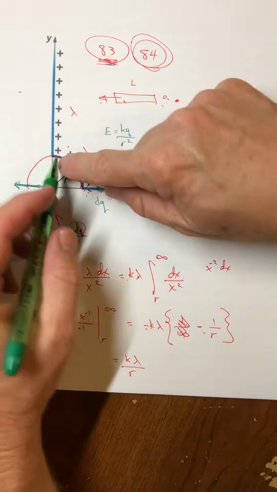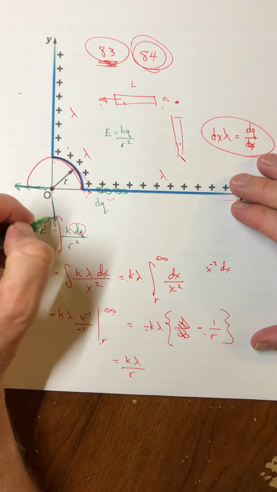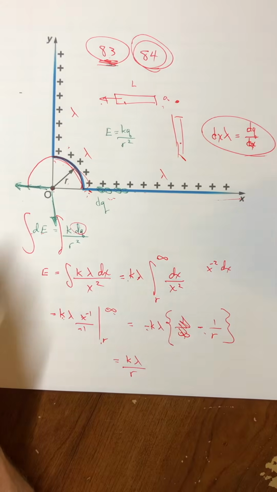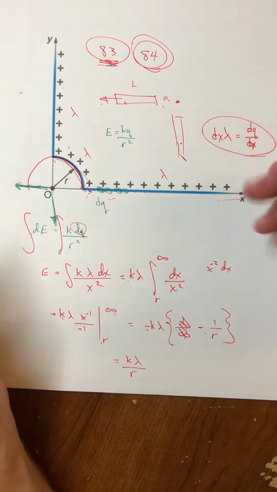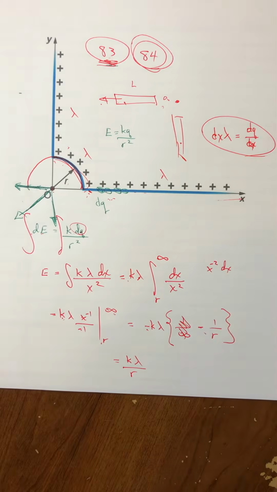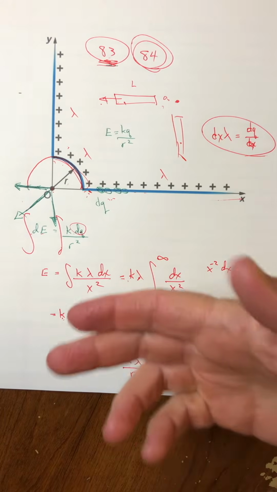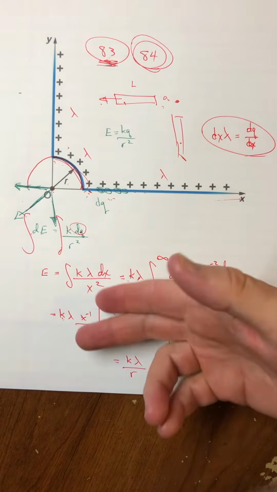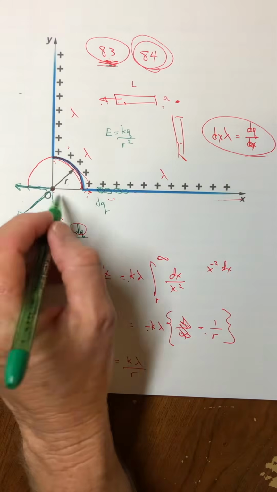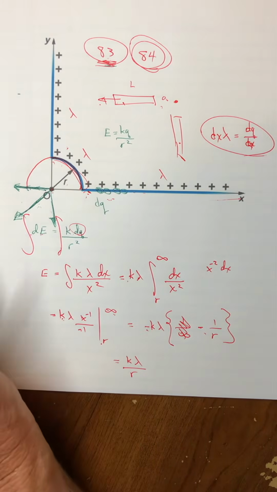Now, I'm just going to make the same argument on the y-axis, so I'm just going to put another one like that. And I'll have to combine them together. Since they're equal and at 90 degrees, the result is going to be at 45 degrees. And if you remember a little bit about your 45 right triangle, if you have two legs, the hypotenuse here is the square root of 2 times that.